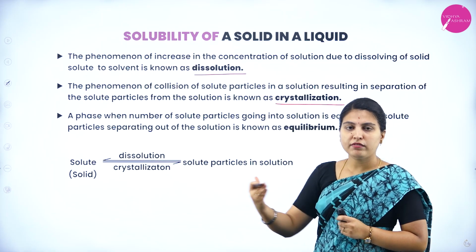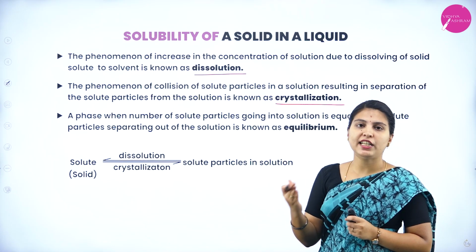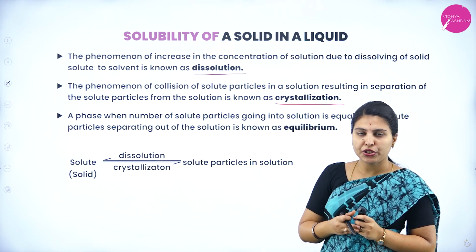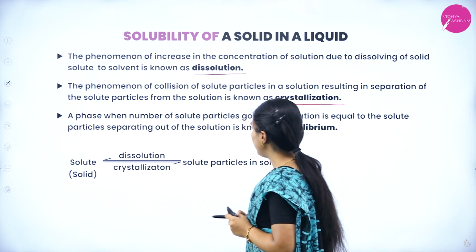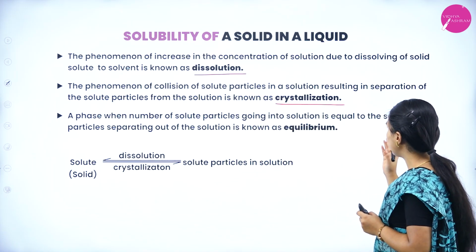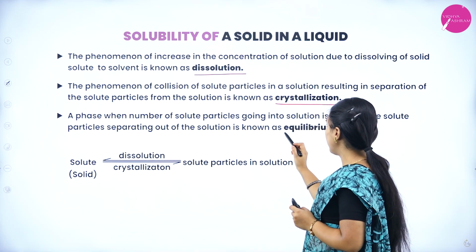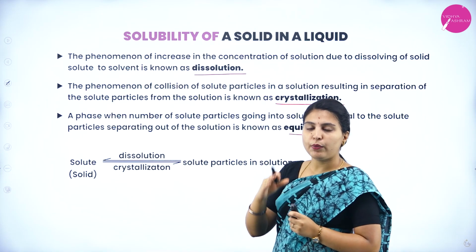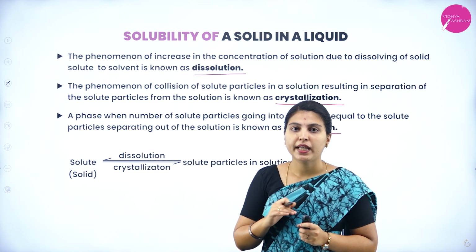That means the backward process from solution to solid, with separation of solute particles after collision, is crystallization. A phase when the number of solute particles going into solution is equal to the number of solute particles separating out of the solution is known as equilibrium. As I said, at one stage the rate of dissolution and the rate of crystallization become equal.